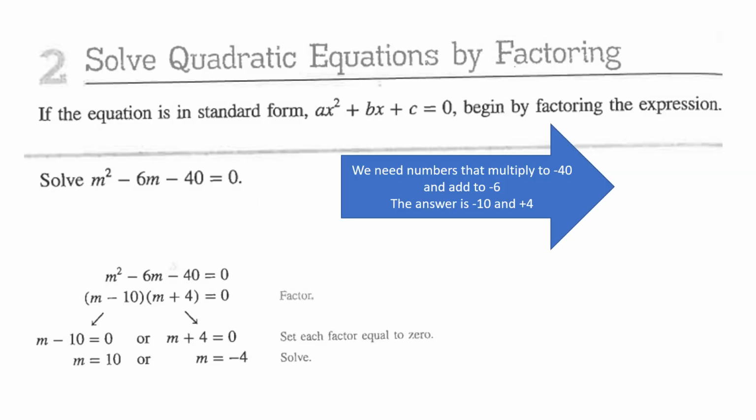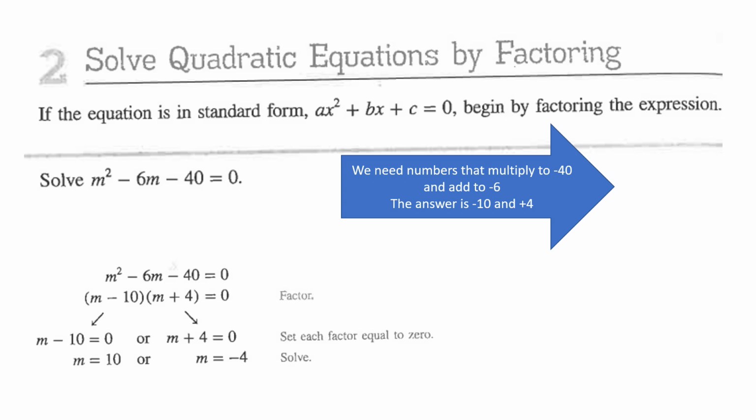Now, if the equation is in standard form, ax squared plus bx plus c equals 0, we can solve this by factoring. Let's look at an example. Suppose we have m squared minus 6m minus 40 equals 0.